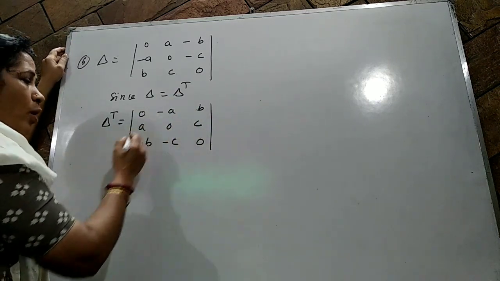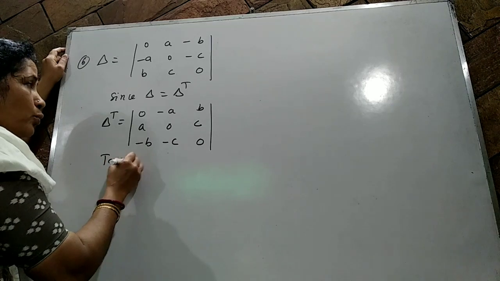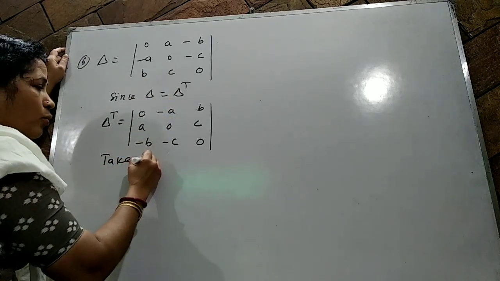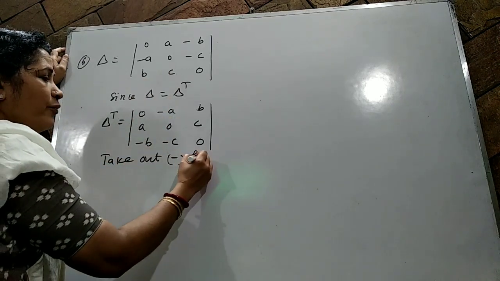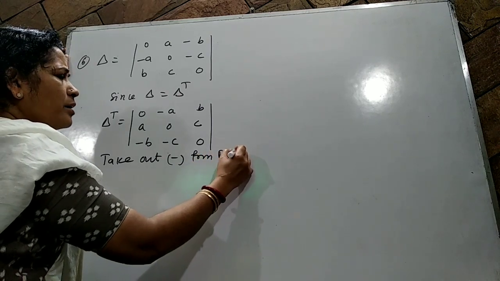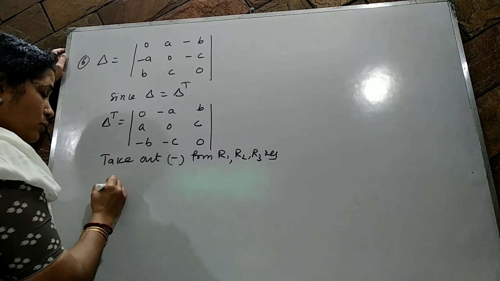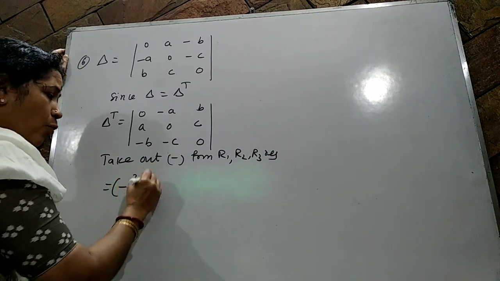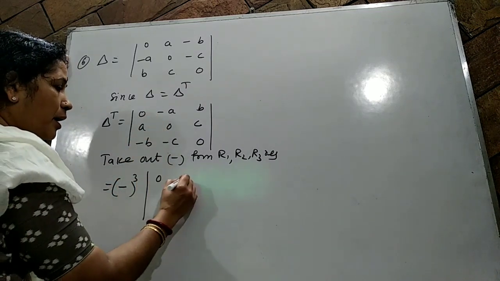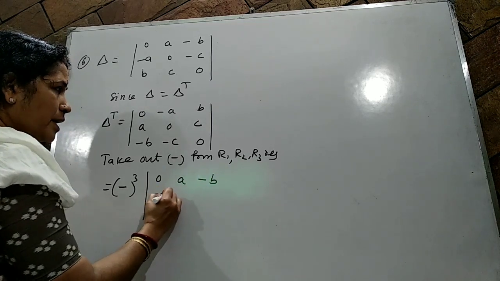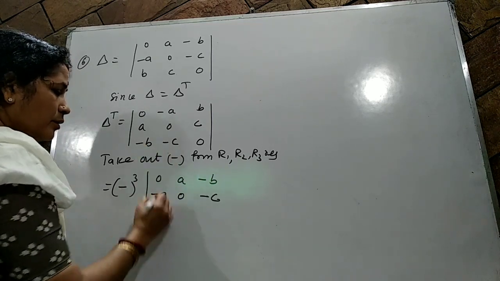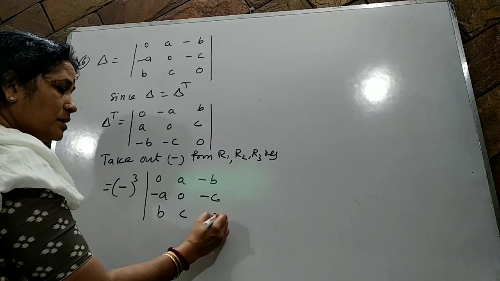Now listen here, to bring this determinant back, take out minus from R1, R2, R3 respectively. So minus k cube. Now what I will get is 0, A, minus B, minus A, 0, minus C, then B, C, 0.